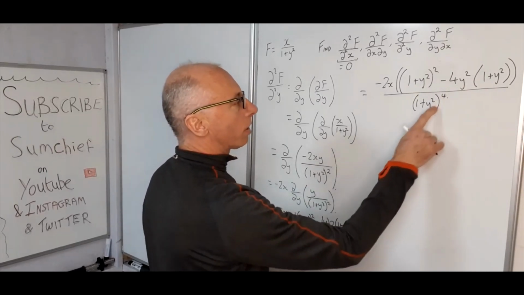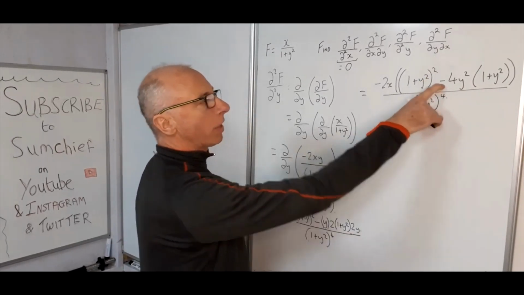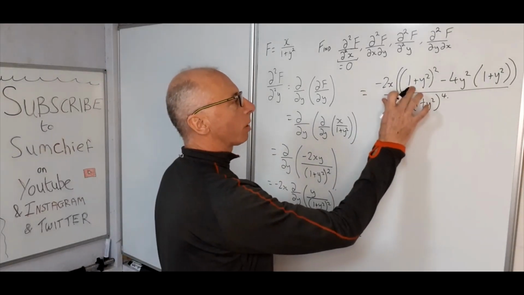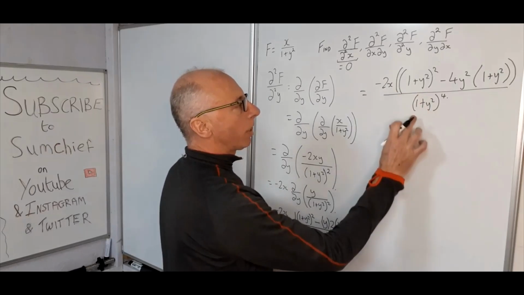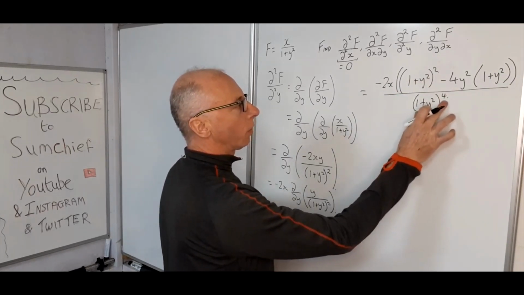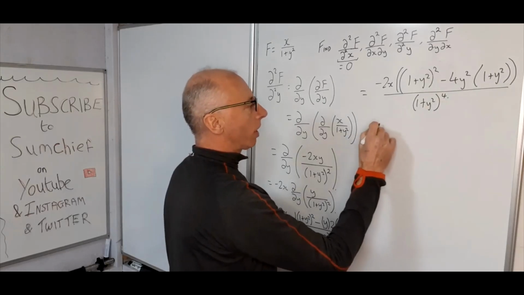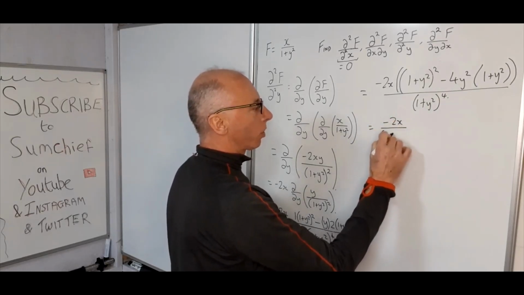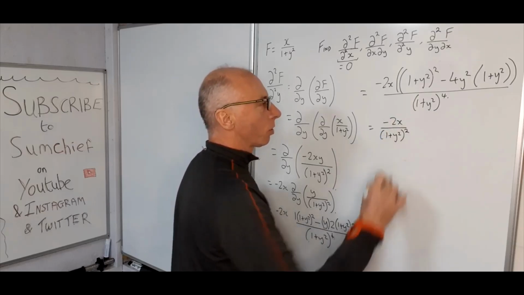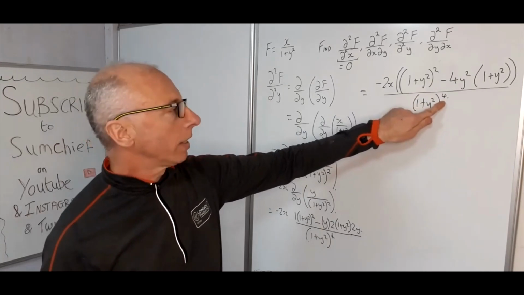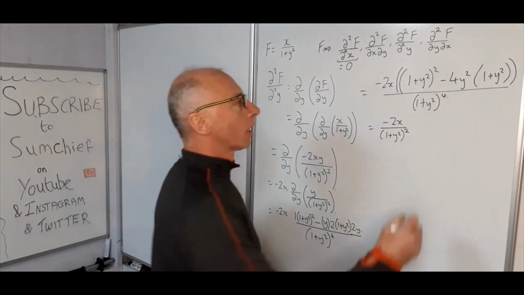Okay, right, now let's just distribute this minus 2x and then see if we can do something to simplify this off, maybe splitting the fraction. Okay, so minus 2x we can bring inside here, but then we've got 1 plus y squared squared and a 1 plus y squared to the 4. So we can just rewrite this as minus 2x over 1 plus y squared squared. So obviously these two can cancel out and just leave us with squared in the denominator.